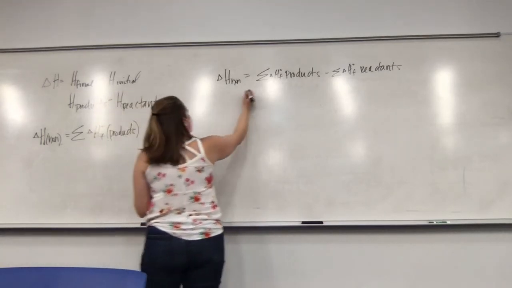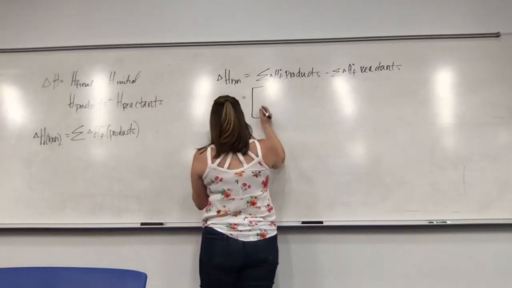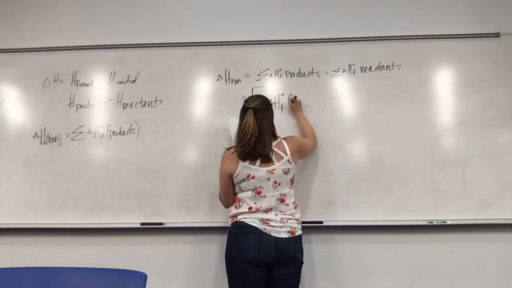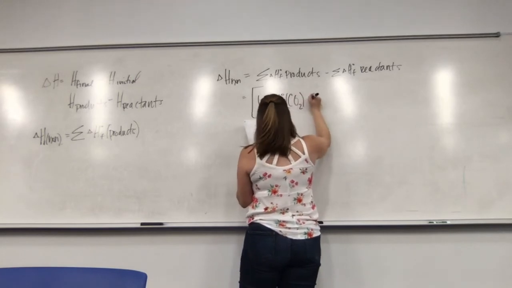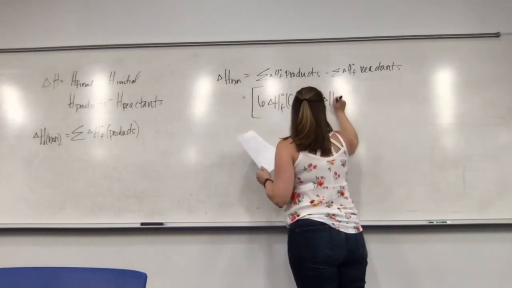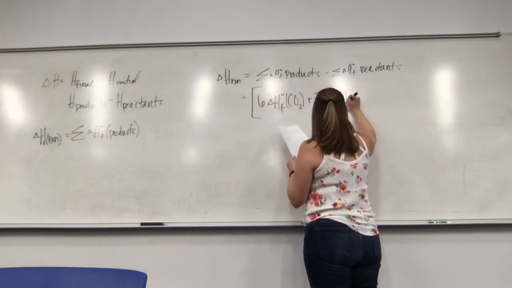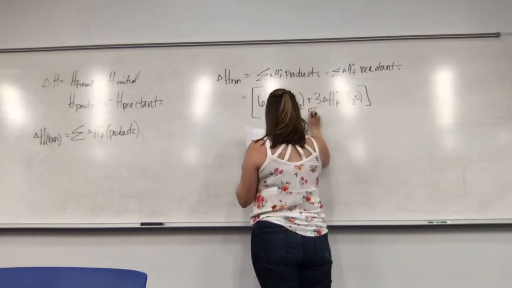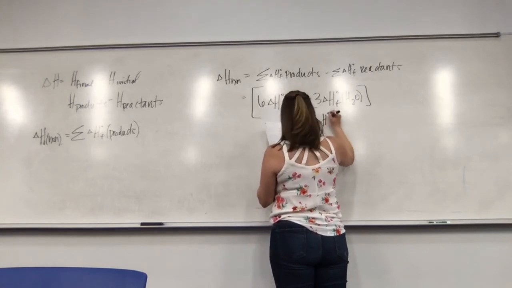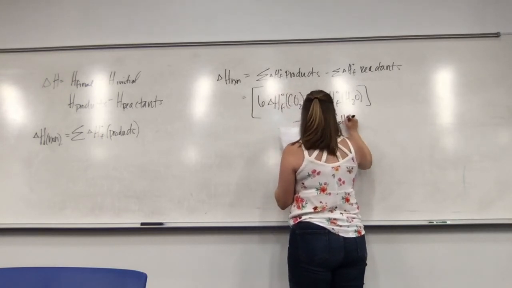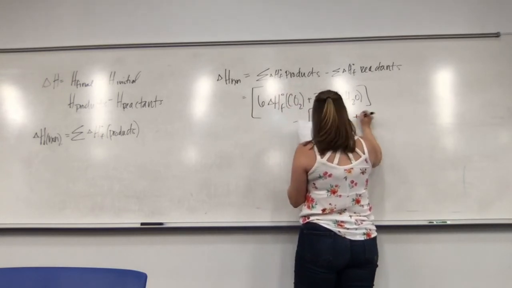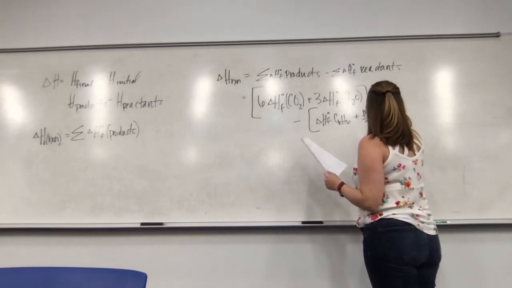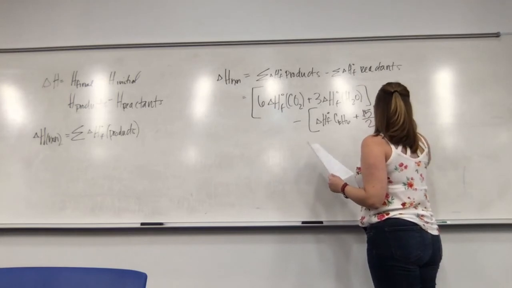So we know that it equals 6 times delta H not F of CO2 plus 3 times delta H not F of H2O minus delta H not F of benzene, C6H6, plus 15 halves delta H not F of O2.